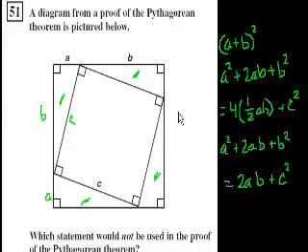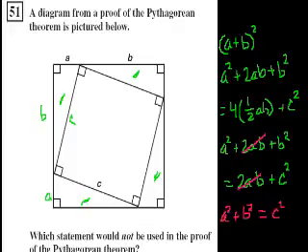Well, we can subtract 2AB from both sides of this equation, and you're left with A squared plus B squared is equal to C squared, which is the Pythagorean theorem, and we've proved it.